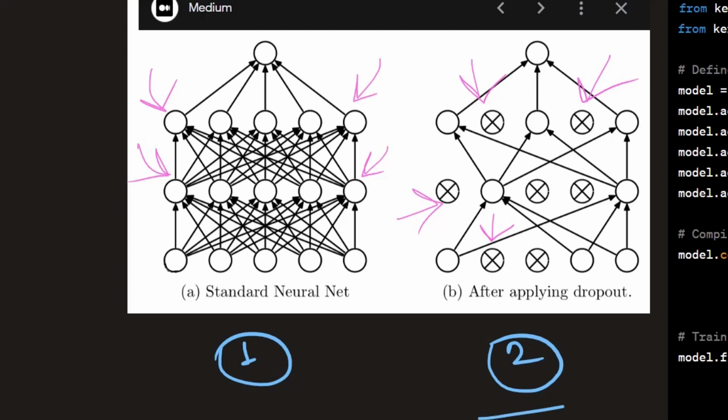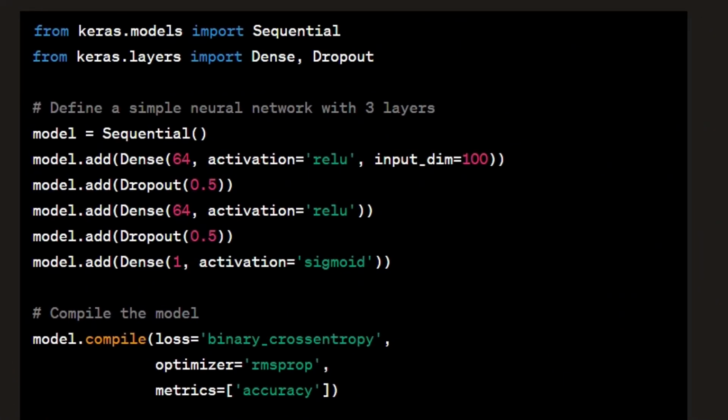And this is why, using dropout layers, we are not relying too much on the training data to do the prediction, because we are learning more robust and invariant features. If you pay attention to this figure, I have provided a snippet of code showing how we are importing the dropout layer module.